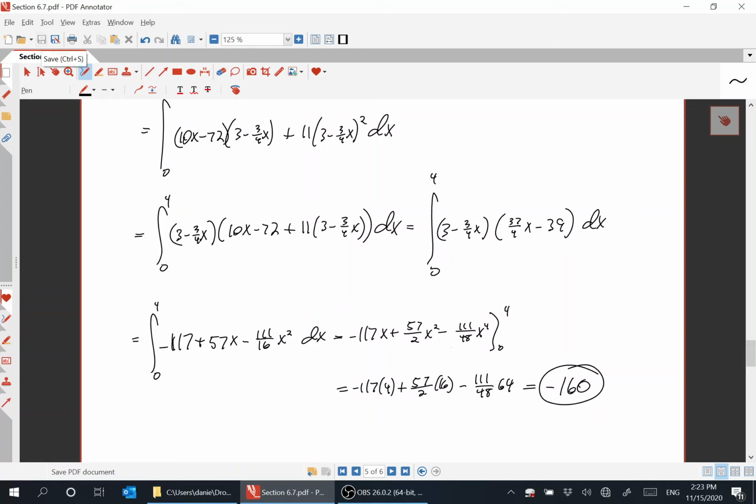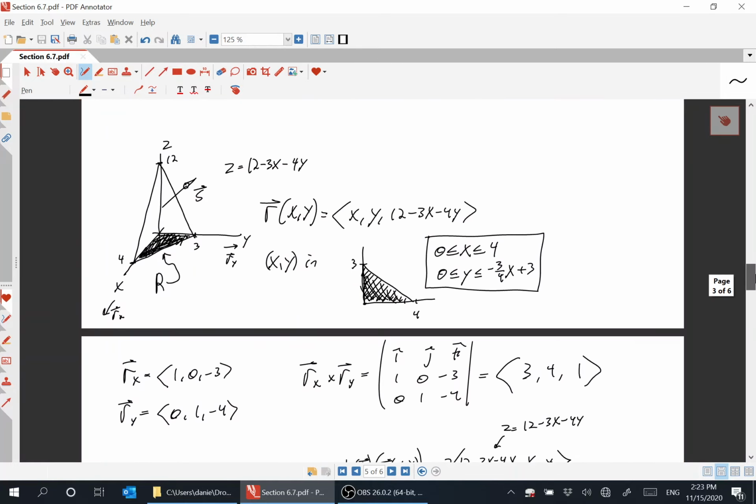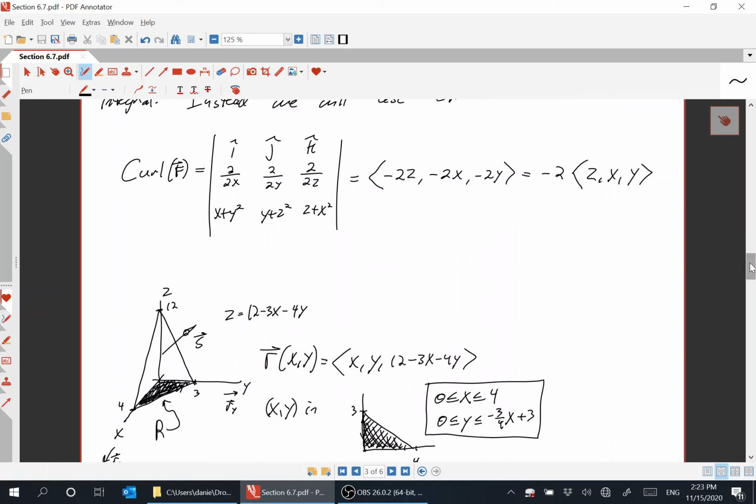Okay, so at this point, that's the calculation there. It would be interesting to actually calculate this line integral directly. It's going to take a lot of work because there's 3 parts.